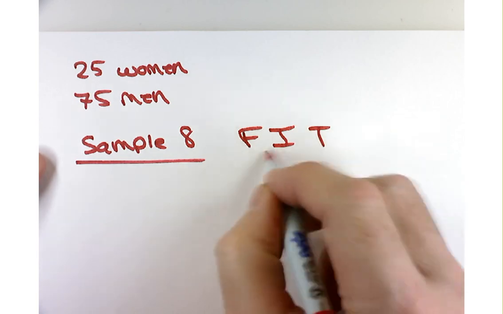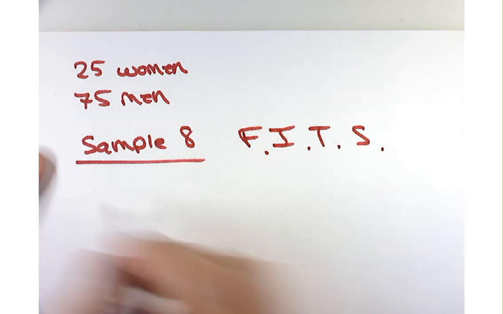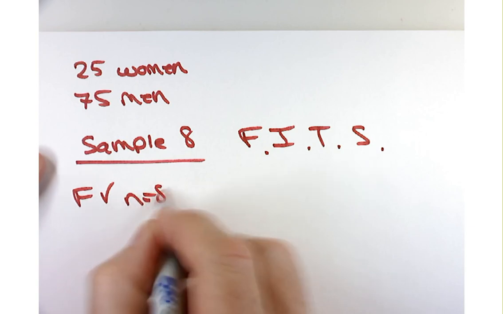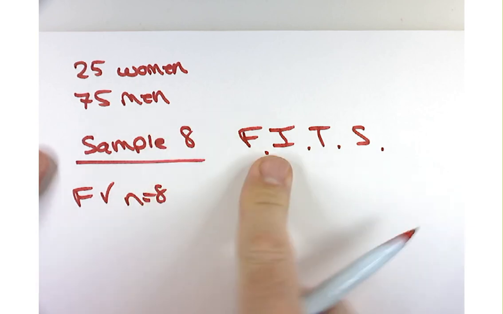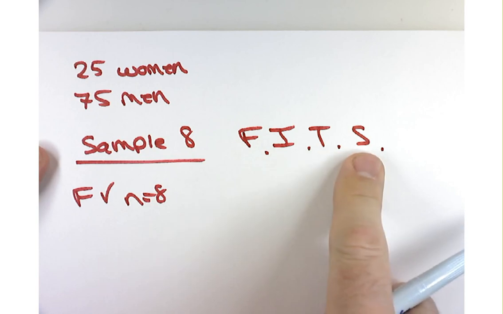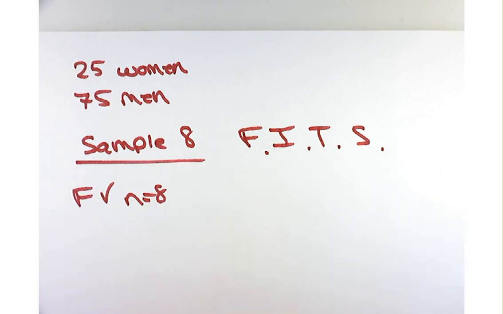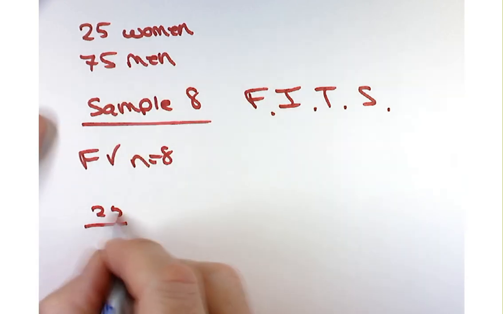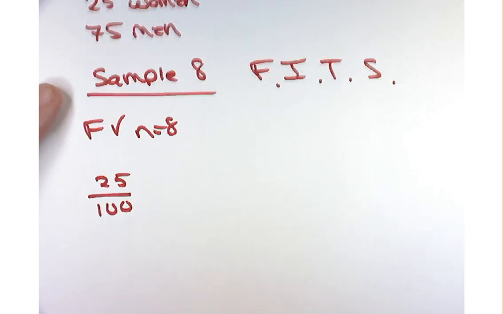Fixed, independent, etc. So we have a fixed number of trials. There's 8 of them. But as to whether or not they're independent, we lose that, assuming we're sampling without replacement. Suppose you're trying to figure out how many women you have. At first, there's 25 out of 100.